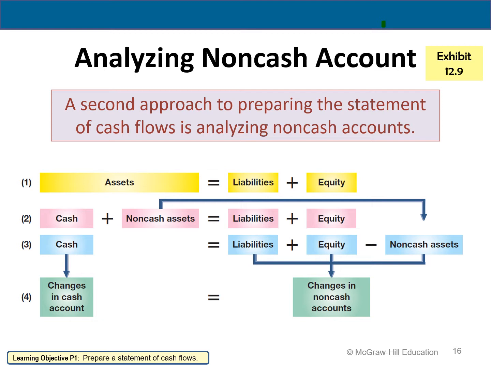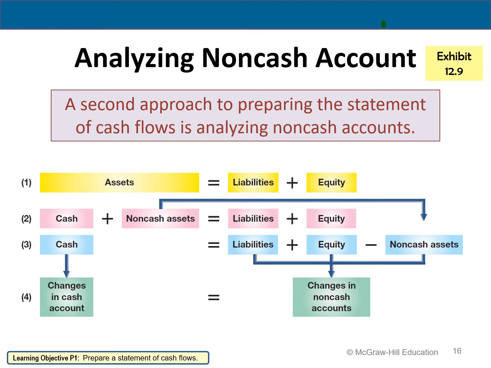So if we start with the accounting equation, assets equal liabilities plus equity. Really, you can say cash plus non-cash assets equals liability plus equity, right? Then you could say in line 3, if you subtract the non-cash assets from both sides of the equation, so it's almost like the algebra problems we were doing way back when.